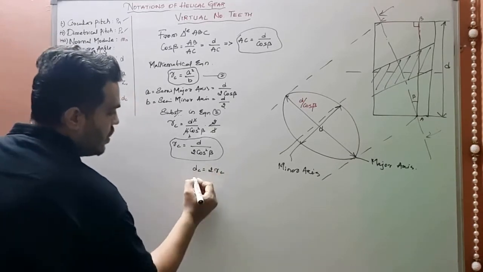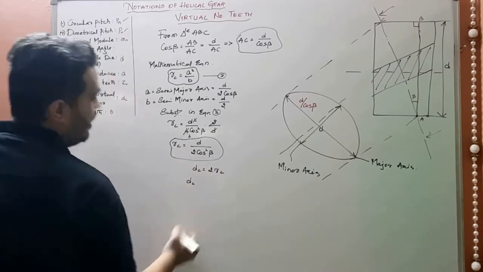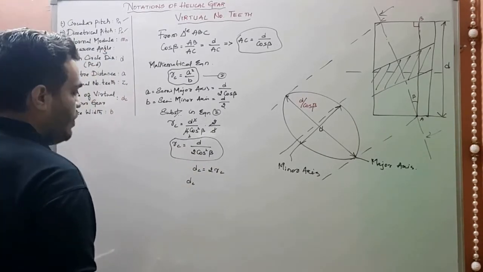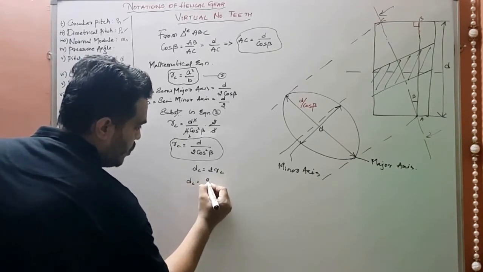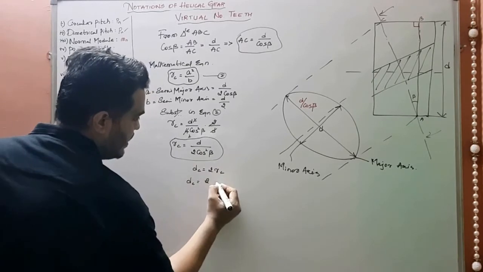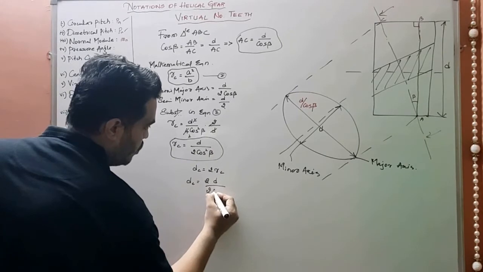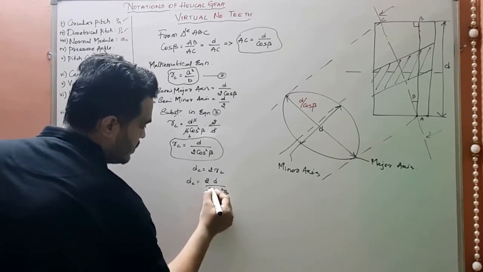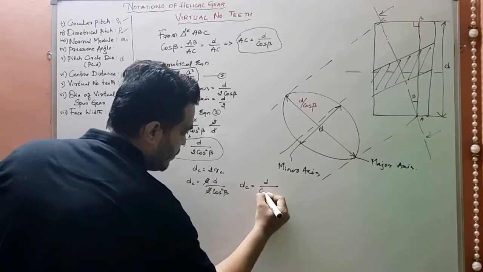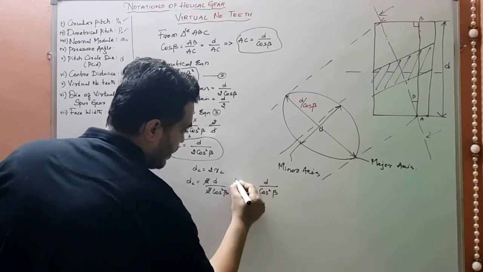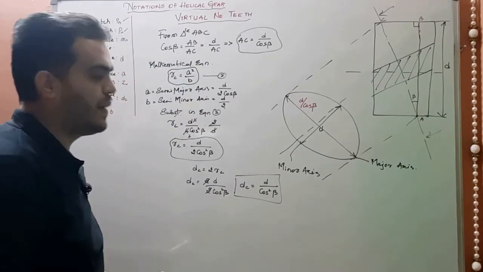All of you know this. If you substitute this value, you will get the diameter of the teeth, DC is equal to 2 into RC, D by 2 cos square beta. The 2 will get cancelled. We will get DC is equal to D by cos square beta. So this is the diameter of the virtual spur gear, right?